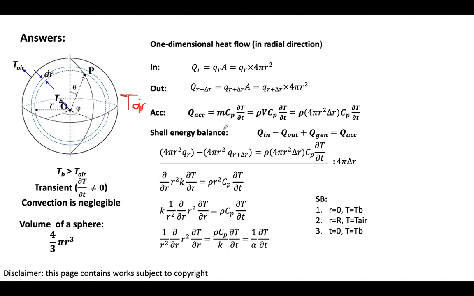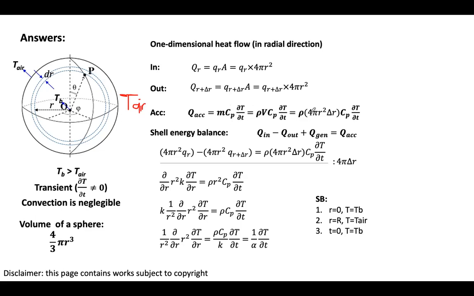Now the accumulation. What's the accumulation? The accumulation is m C_p dT over dt, so the rate of increase of the temperature. M is the rho multiplied with the volume, and then C_p, the heat capacity, and then the rate of temperature change, dT over dt.